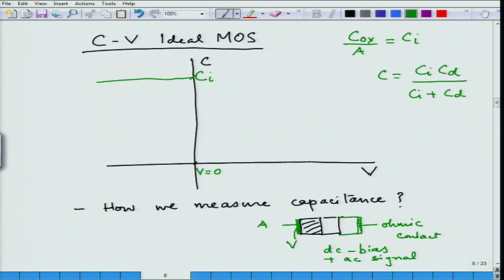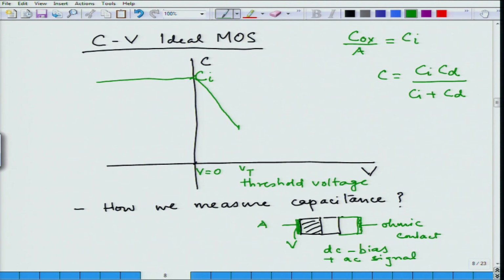As the depletion area grows, I would see the capacitance decreasing until a point where the inversion starts, and that we call the threshold voltage.